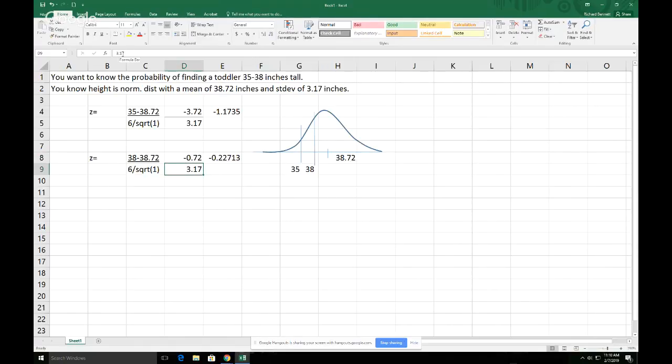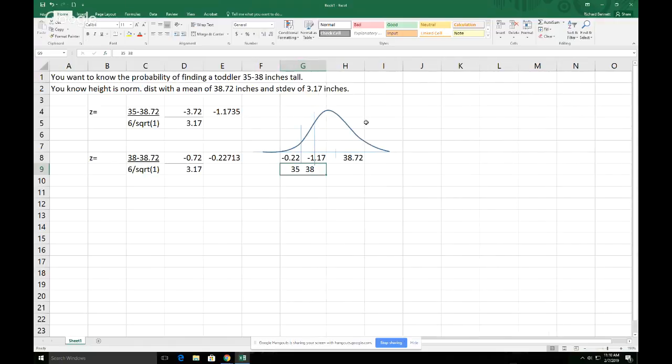So when I go back to my picture here, what I've done is say I want to go from negative 0.22 to negative 1.17. Do you see that? So now, how do I find the area in between those two lines?